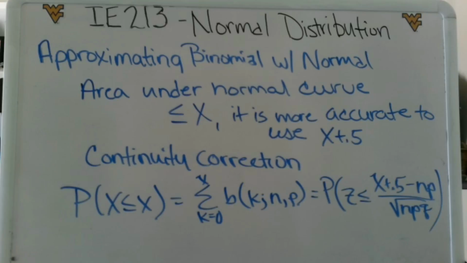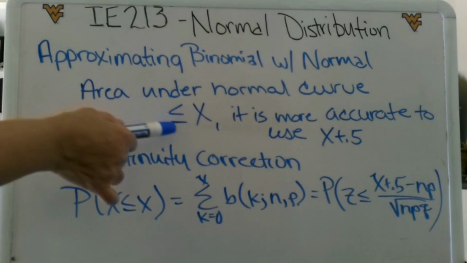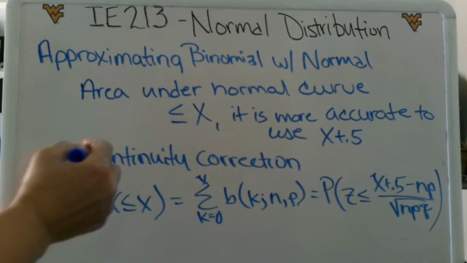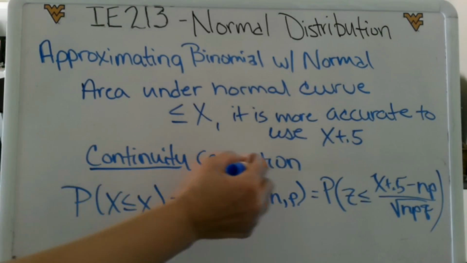In our illustrations of the normal approximation to the binomial, it became apparent that if we seek the area under the curve to the left of x, so if we are less than or equal to x, it is more accurate to use x plus 0.5, and this is called a continuity correction.